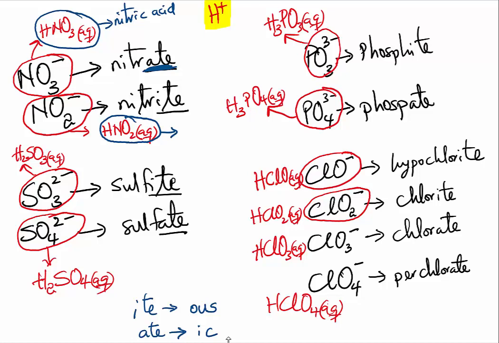So this would simply become nitrous acid. H2SO3 ends in ITE in the polyatomic ion. So the acid itself should be sulfurous acid.